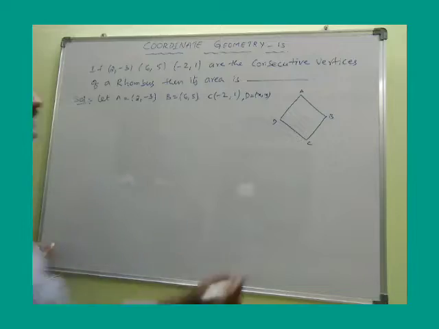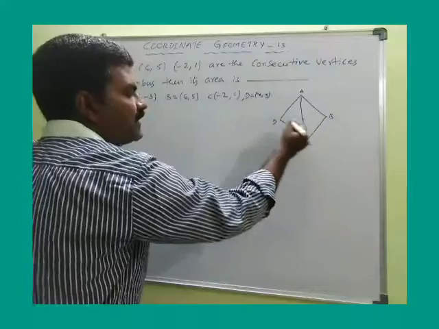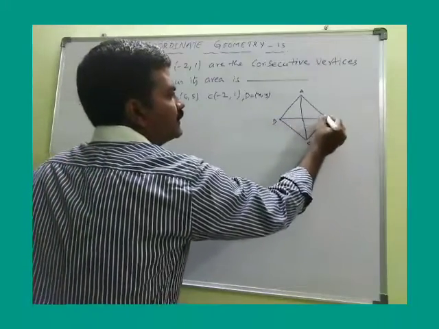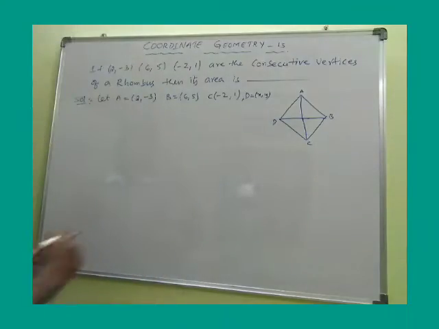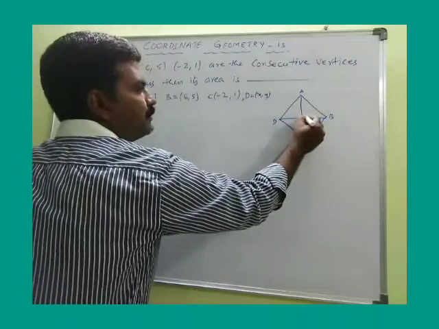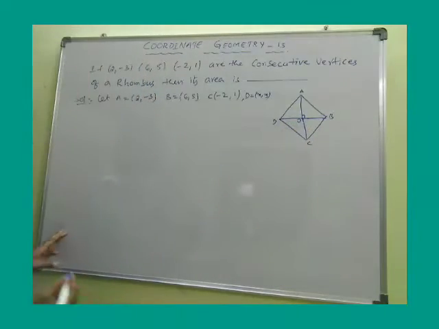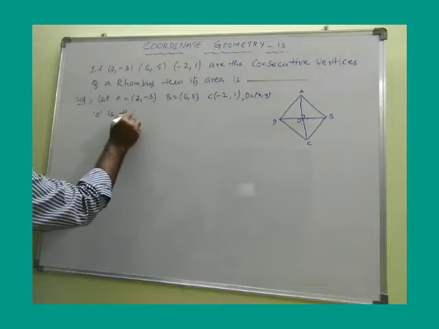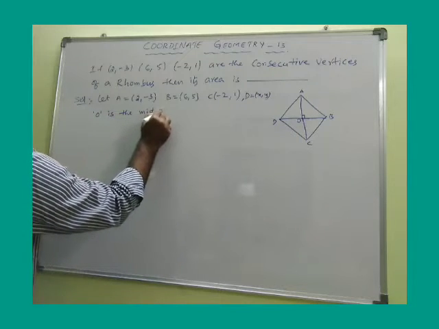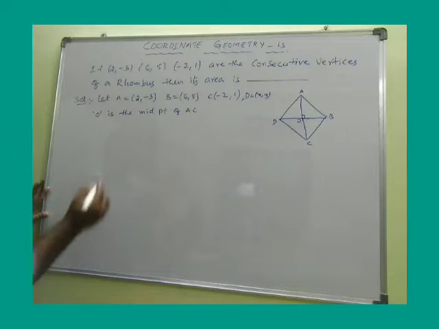We know that the diagonals of a rhombus are perpendicular bisectors. They bisect perpendicularly. Let this point be O. So now O is the midpoint of AC, isn't it?